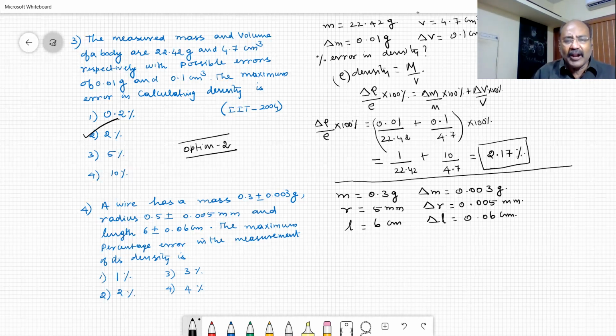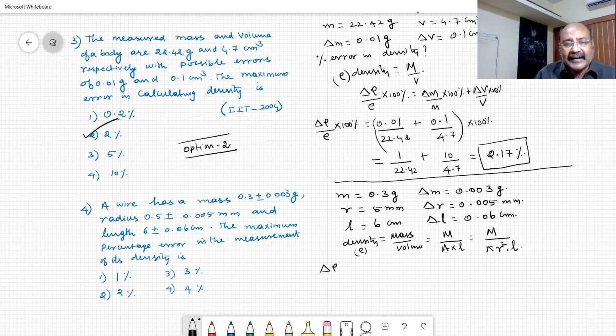The same formula: density can be written as mass divided by volume. Mass we write as M. Volume can be written as area into length. So this can be written as mass M divided by the area of a wire, which is pi r square, multiplied by length L. Density is represented by the letter rho.